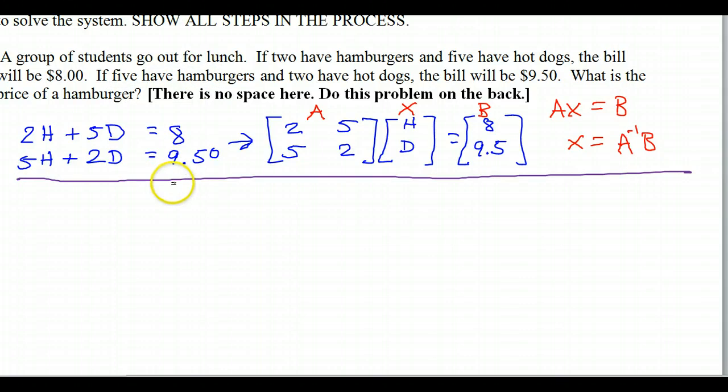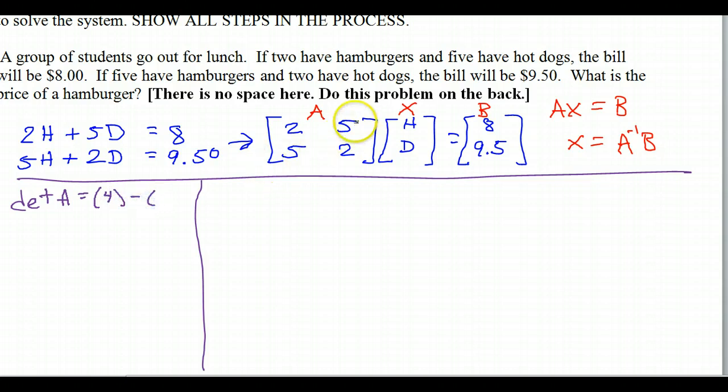Over here off to the side, let's go ahead and find A inverse. If I want to find A inverse, first I need the determinant of A. The determinant of A, of course, is down diagonal minus up diagonal. So the determinant is going to be 4 minus 10.